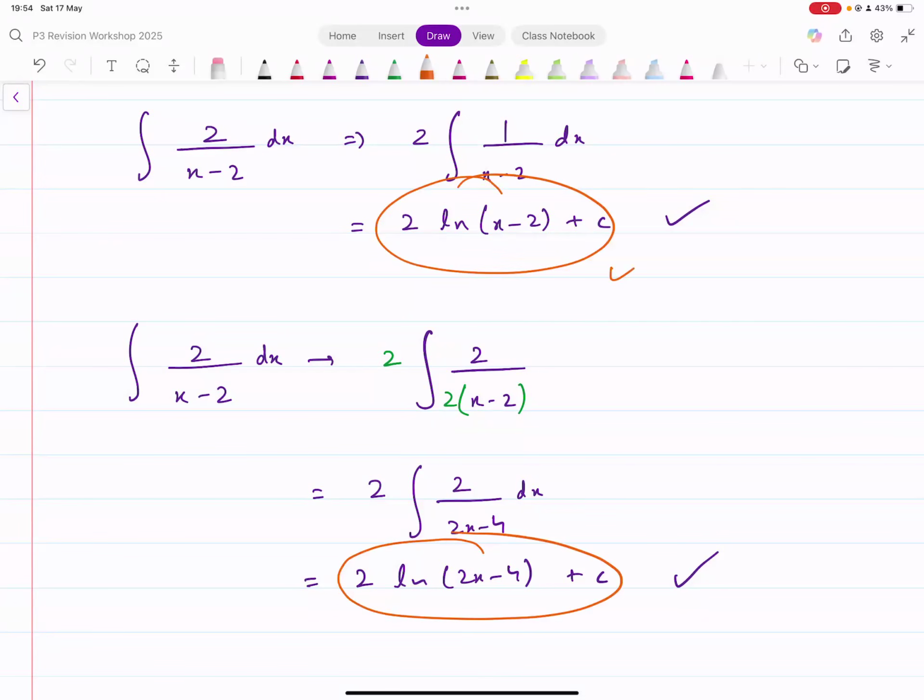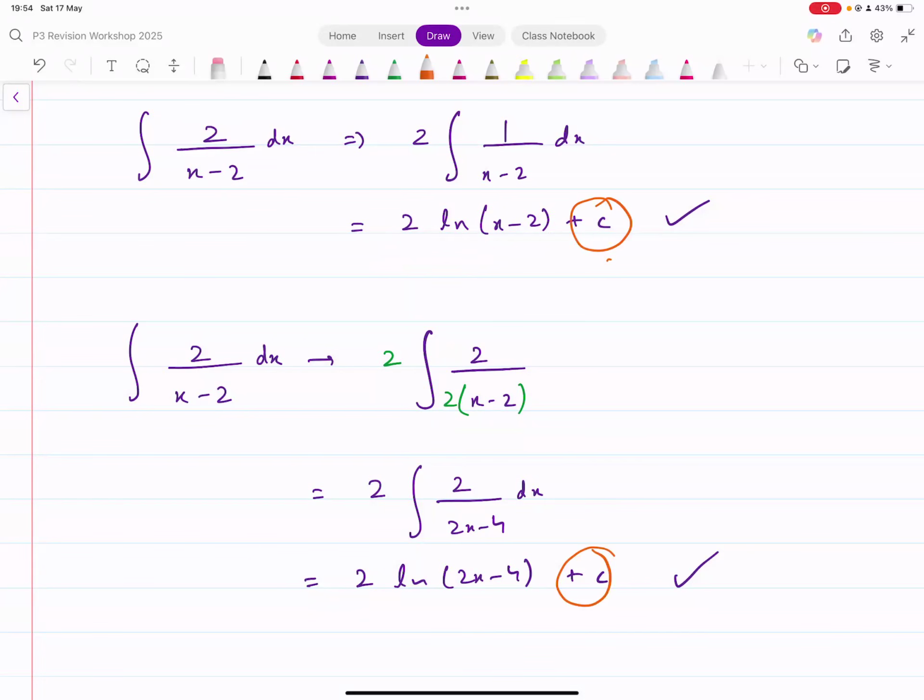Both of these are acceptable, right? So sometimes you end up getting a slightly different form than the marking scheme, but that might be equivalent in some cases. In this case, the C's would be different for both of them, but both of these are acceptable integrals.